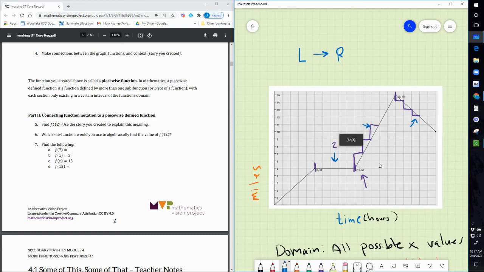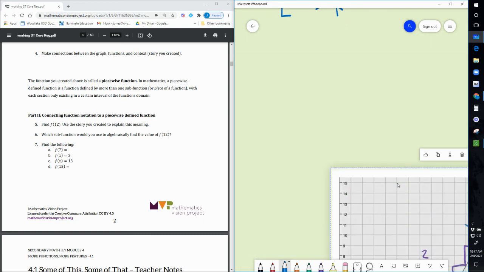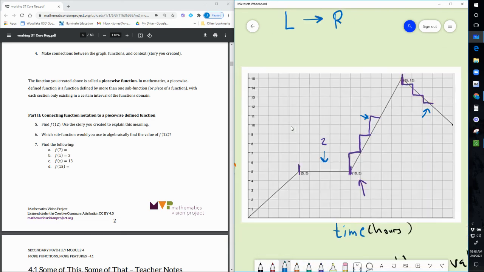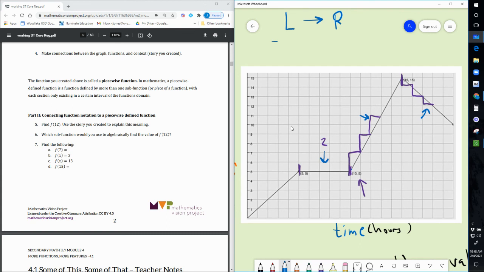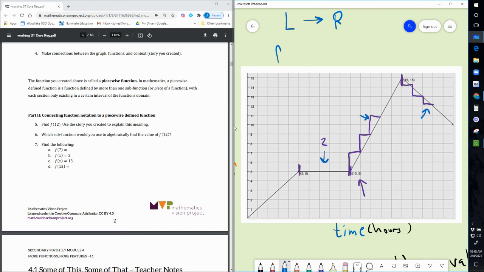For example, let's look at this graph. Let's say that I said f of x equals 9. Okay, random problem, x equals blank.